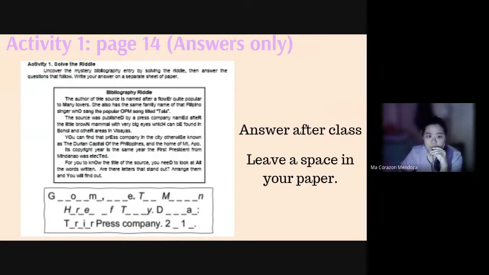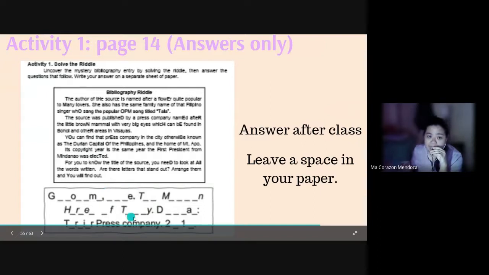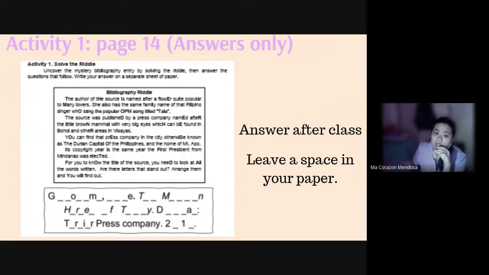The author of the source is named after a flower. The first name of the author is named after a flower, so please think of a flower that has four letters and ends with an E. It's a flower that's quite popular to many lovers.